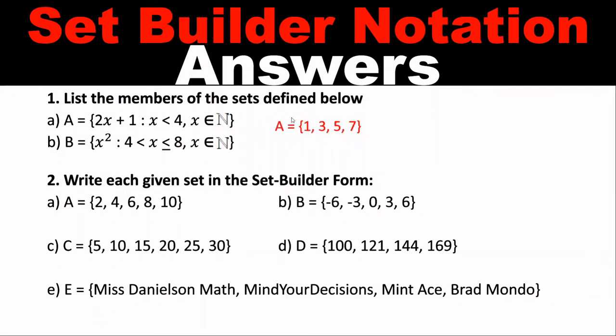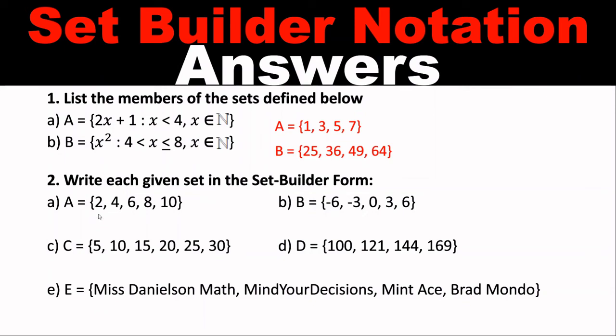So that includes 2 times 0 plus 1, 2 times 1 plus 1, 2 times 2 plus 1, and 2 times 3 plus 1. For set B, these are square numbers, where x is some value between 4 and 8, not including the 4, however, but yes, including the 8. So set B includes the values of 5 squared, 6 squared, 7 squared, and 8 squared.